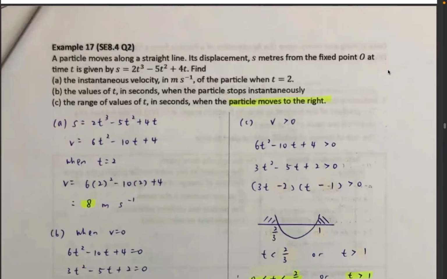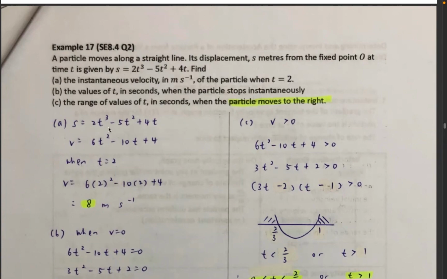Example 17. A particle moves along a straight line. The displacement of the particle is given by s equals 2t power 3 minus 5t squared plus 4t. Find the instantaneous velocity of the particle when t equals 2. So from the displacement function, when we want to get the velocity function, we do differentiation.